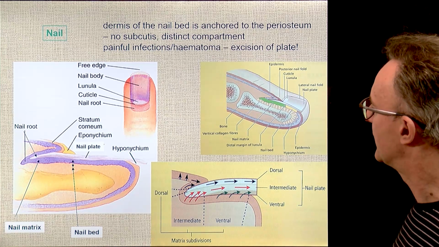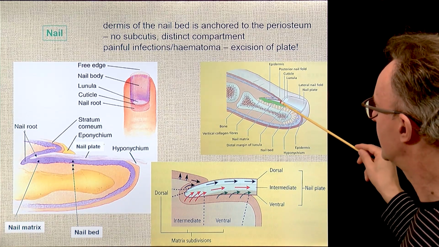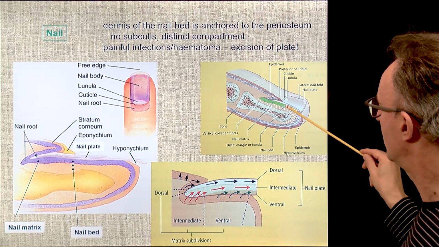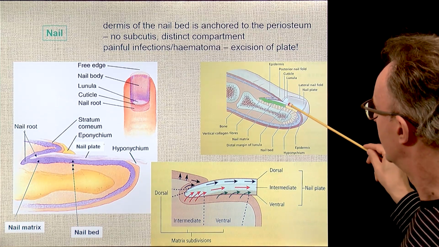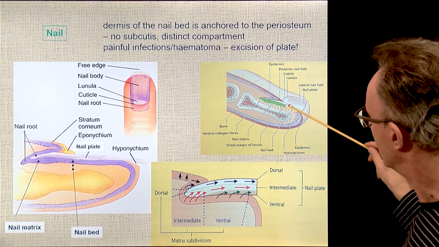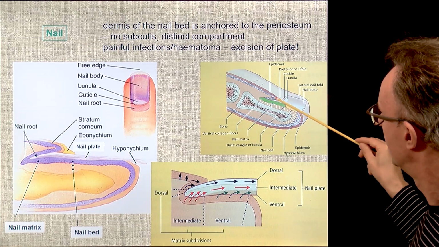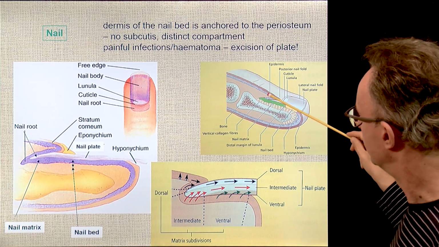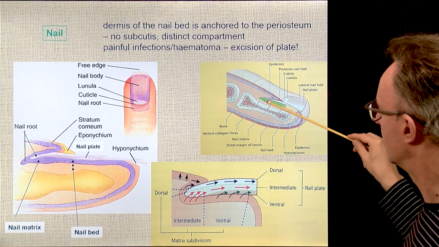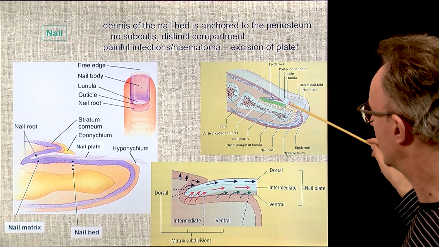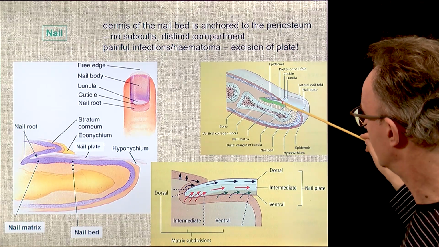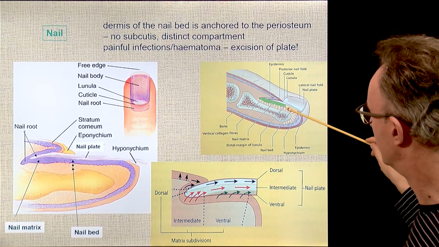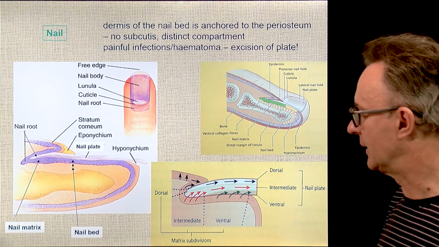Well, the other important thing is that the matrix, labeled in green, and the nail bed, labeled in yellow, area is special because here we don't have subcutis. So here the connective tissue under the matrix and the bed is tightly connected with collagen fibers to the periosteum of the skeletal elements.